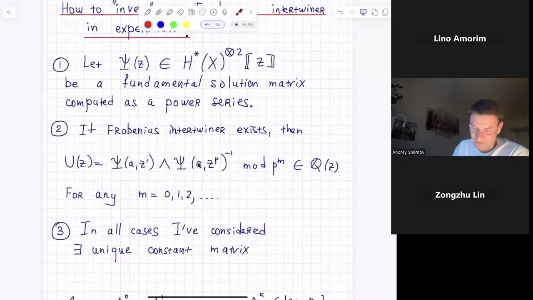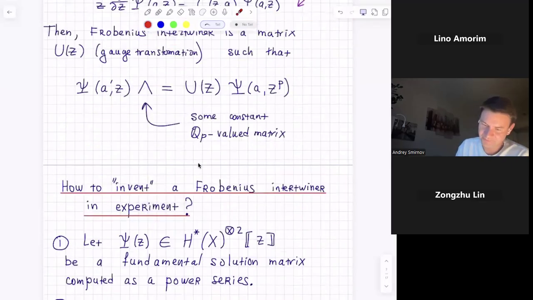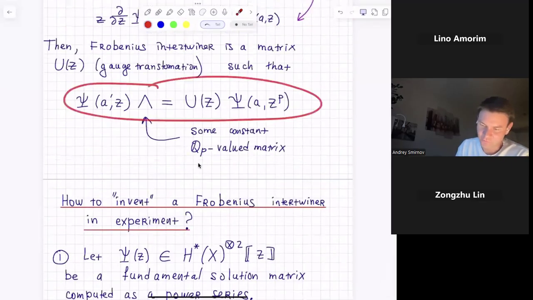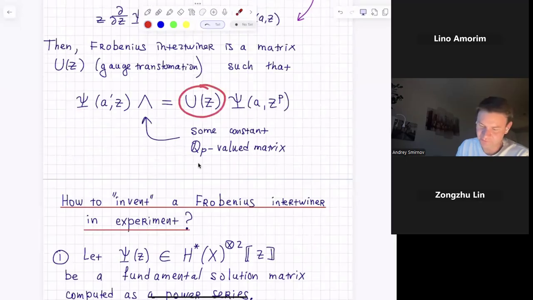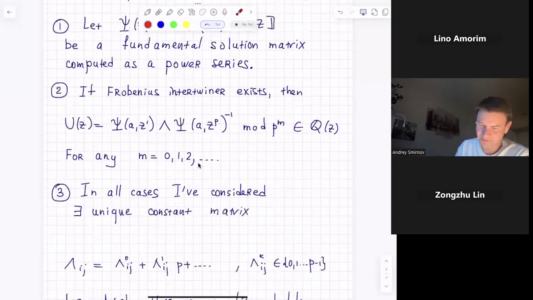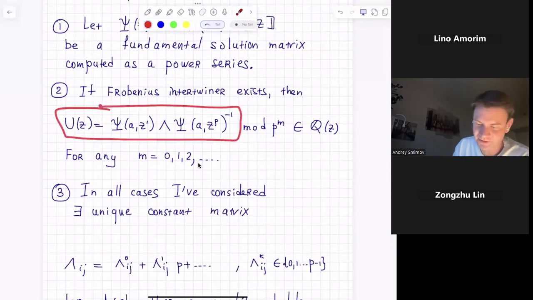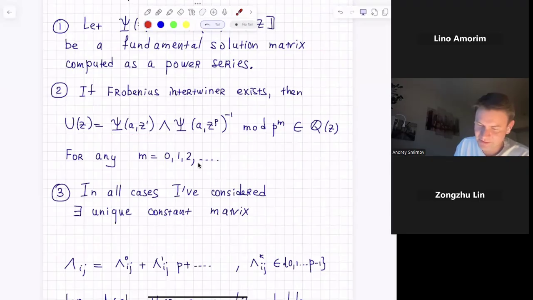And then, if the Frobenius intertwiner exists, then by definition, if you look at this formula here, you can just solve for the Frobenius intertwiner. If you do that, you'll find that the Frobenius intertwiner is given by this power series. Again, the fundamental solution matrix psi is a power series in z, so this whole thing is also a power series in z.